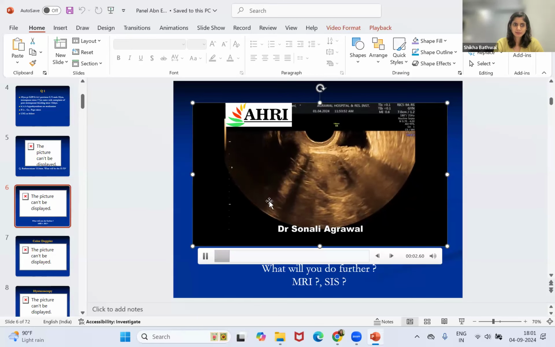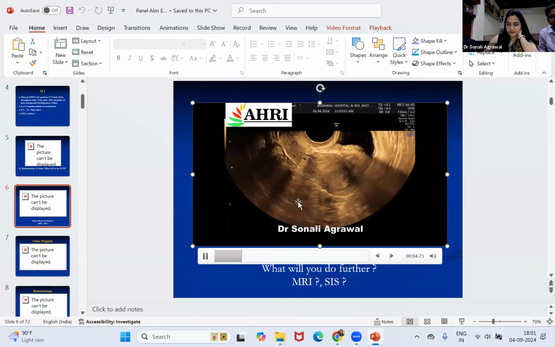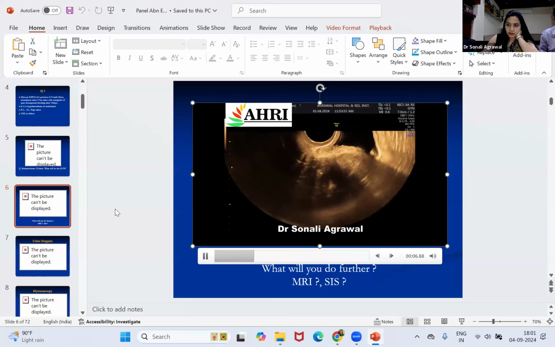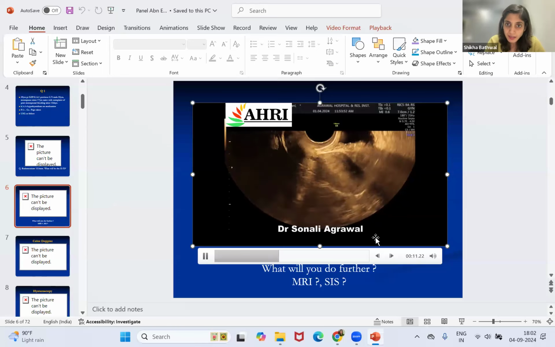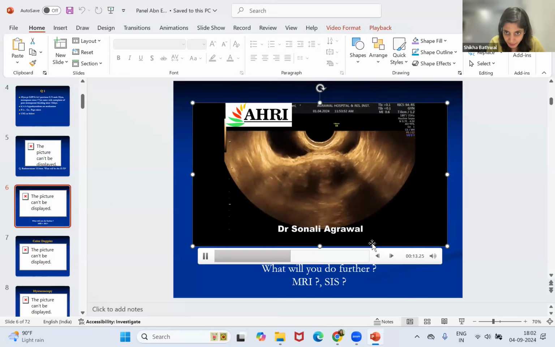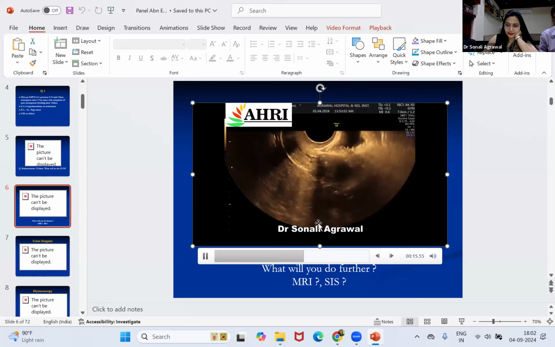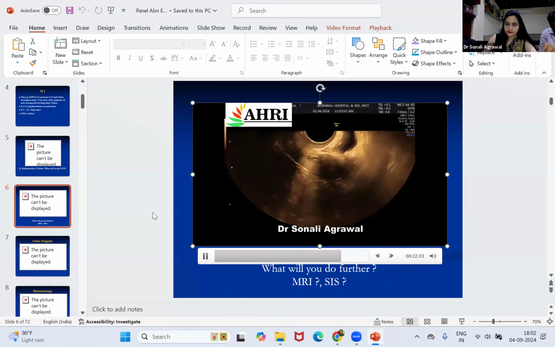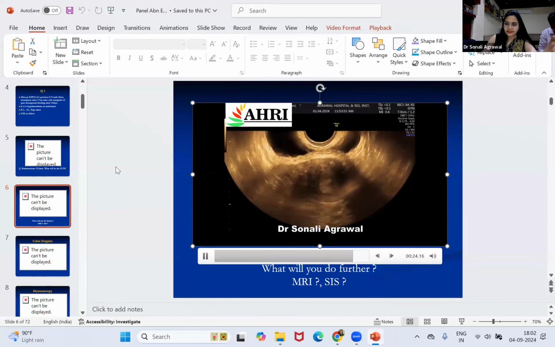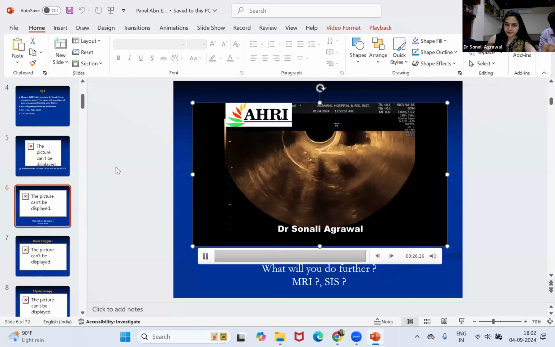Yes, sir, so this is the TVS view. Dr. Shikha, can you comment on this ultrasound picture? This postmenopausal patient with a thickness of 13 mm.